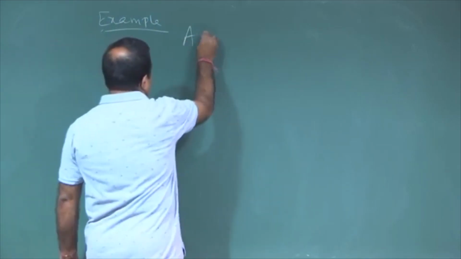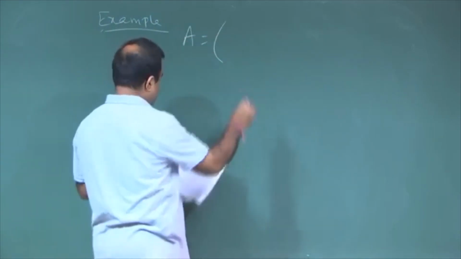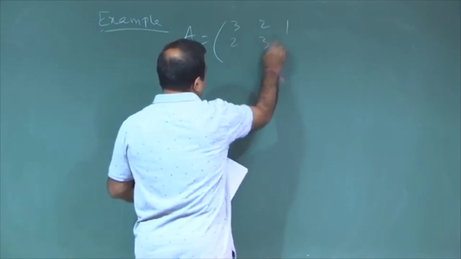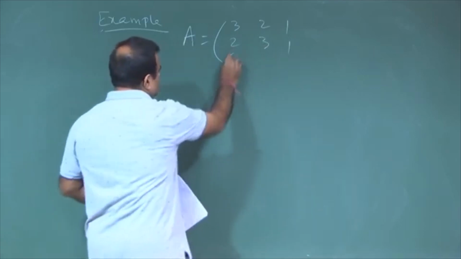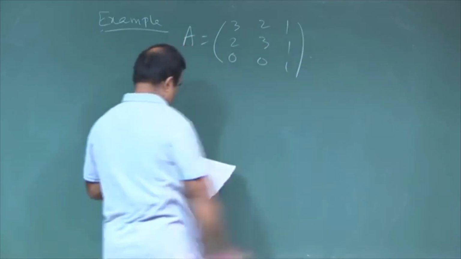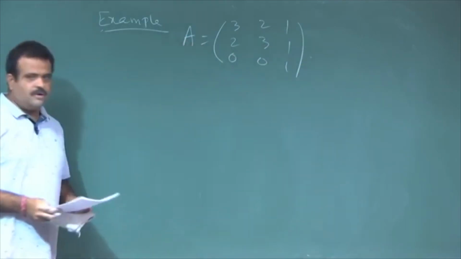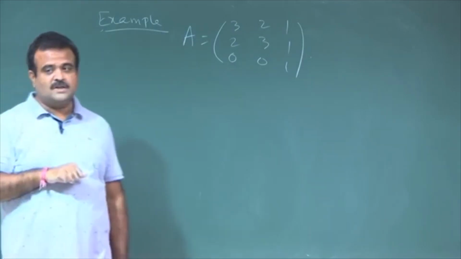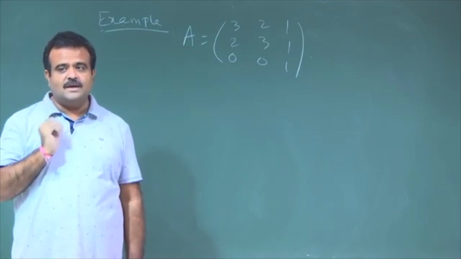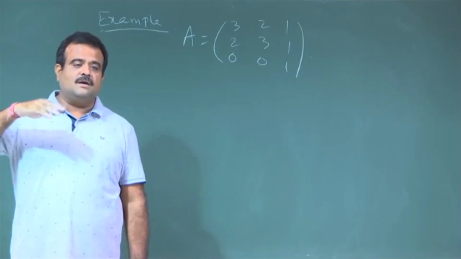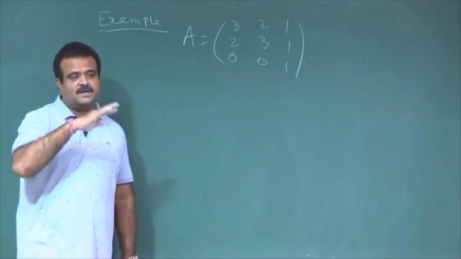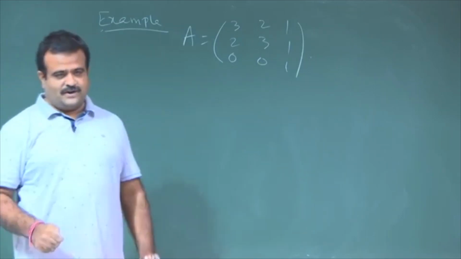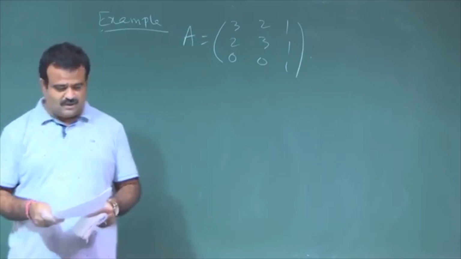Suppose we have a matrix like this: 3 2 1, 2 3 1, 0 0 1. Now we are going to check whether this matrix is diagonalizable or not. That means we need to find the P such that if we multiply by P inverse on both sides, it should give us the diagonal matrix, and the diagonal elements are nothing but the eigenvalues.